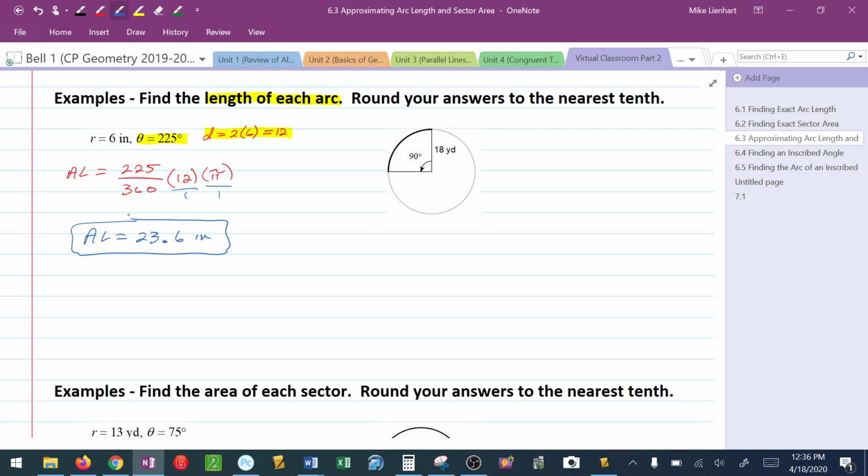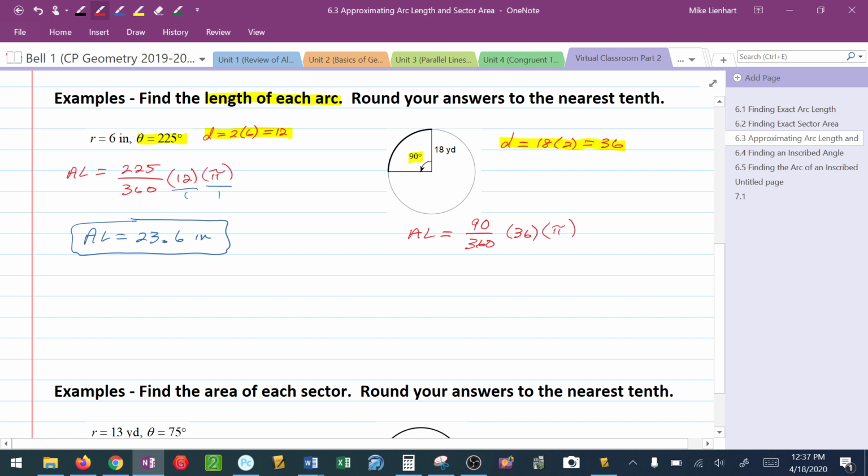All right, second problem over here. I've got theta, 90, and I've got a radius, so I need to first find the diameter, which would be 18 times 2, or 36. I'm going to use this information to write the arc length formula, which says that arc length is theta over 360 times 36, the diameter, times pi.